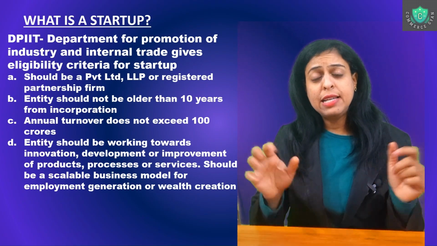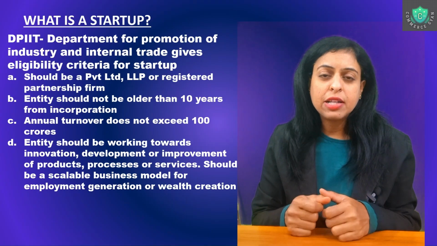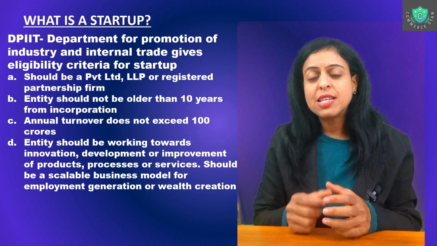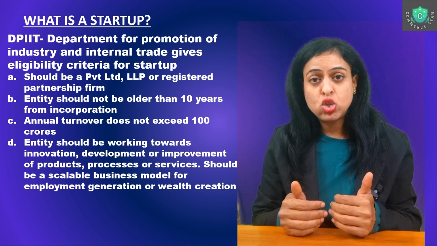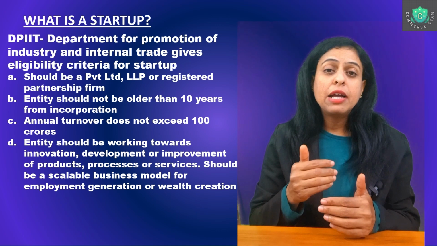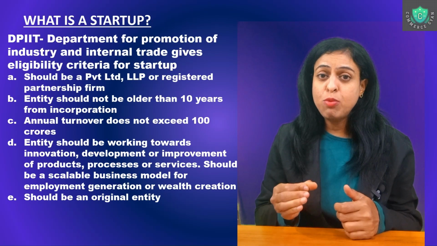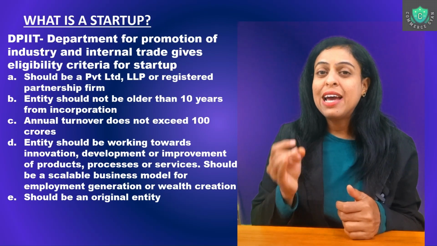Now, not just any business will come under the head of startup. Basically, the government says that we prefer companies who are working towards innovation, improvisation, research, development, and having some kind of processes or services which can actually benefit employment generation, or at the same time, it should have some scalable business model. And very importantly, it should be an original entity.